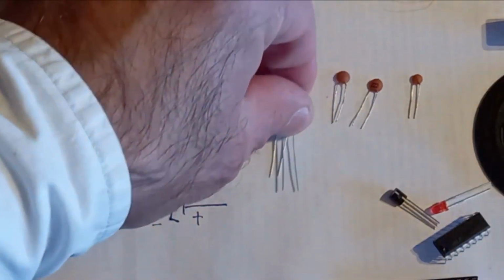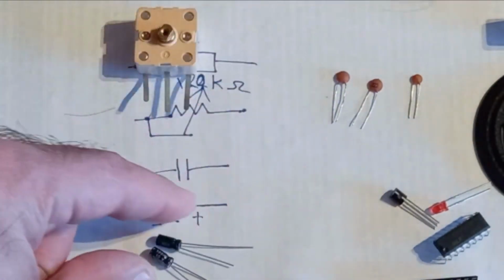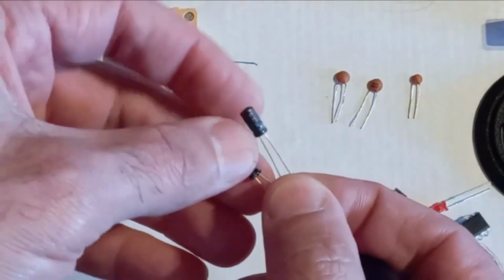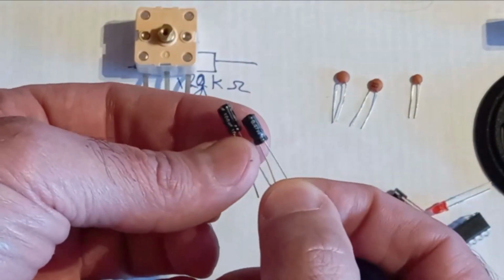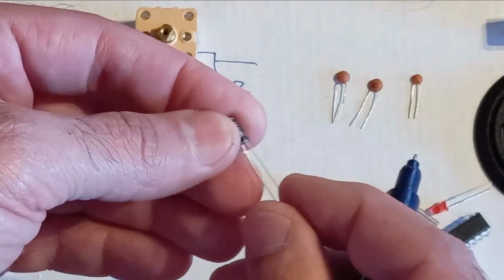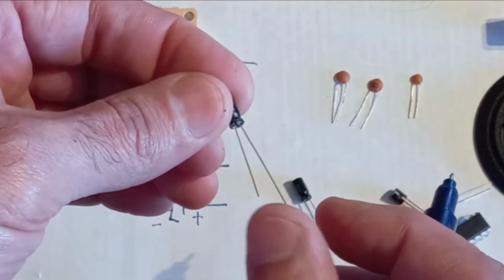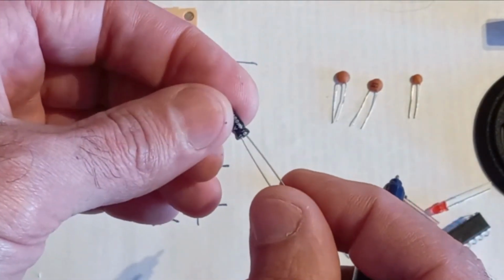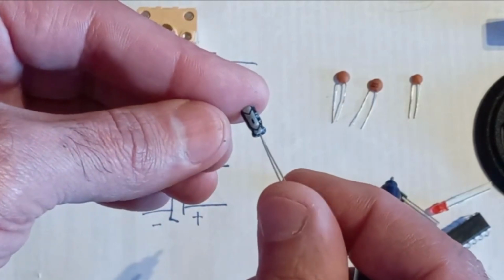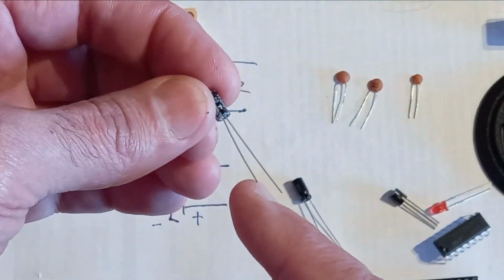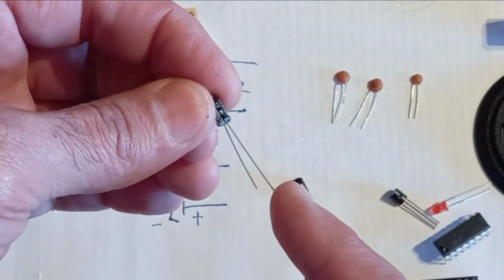Capacitors that are polarized or have polarity, positive, negative, like these, we call them electrolytic capacitors. And the way you distinguish the positive from negative pins is if you buy them new and you've got them off the shelf, one pin or one leg is shorter than the other.